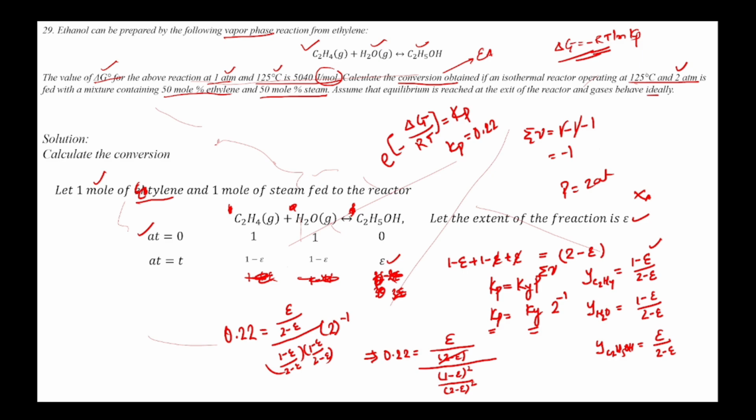This and this one will cancel, becoming 1 by 2. I will send this 1 by 2 here. Okay.